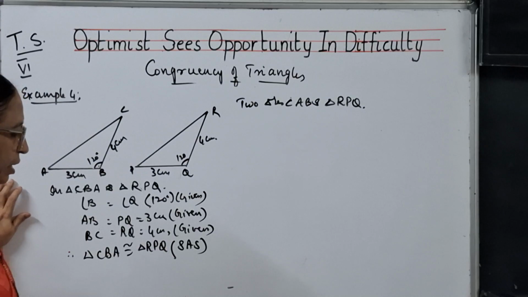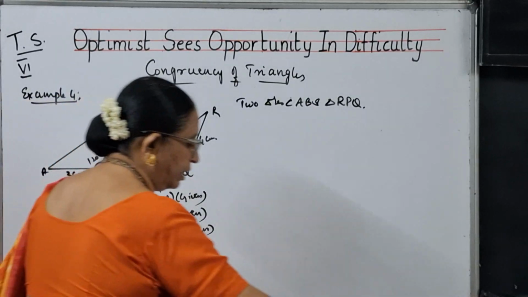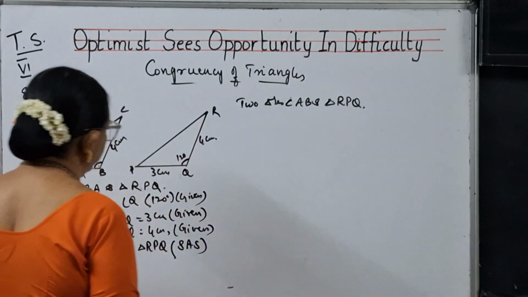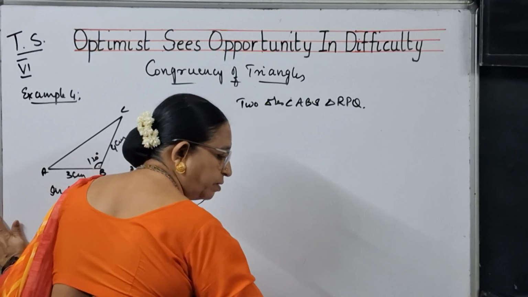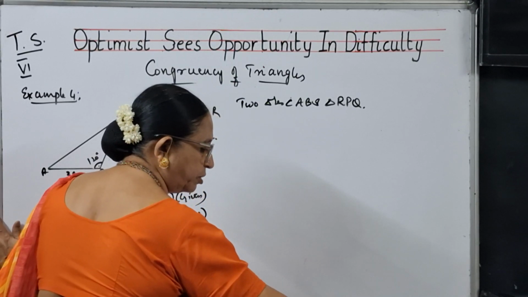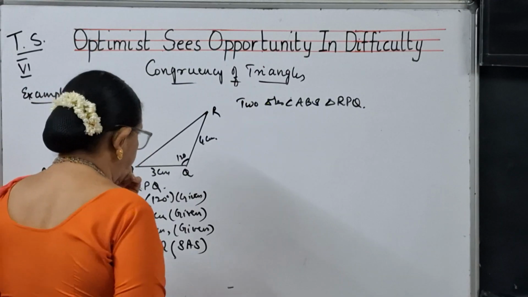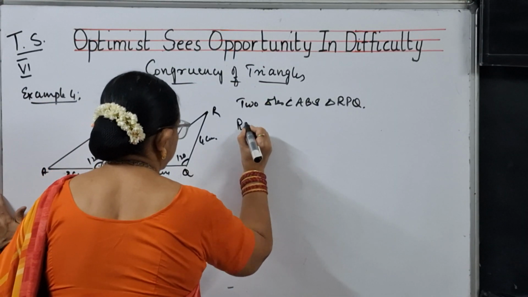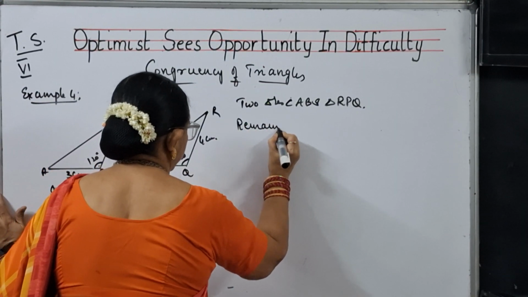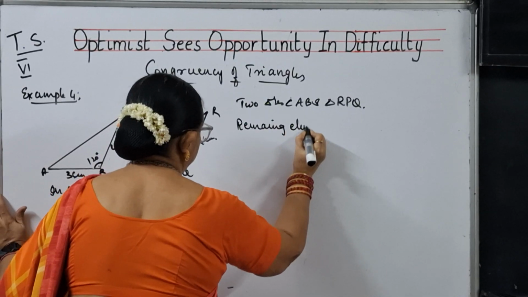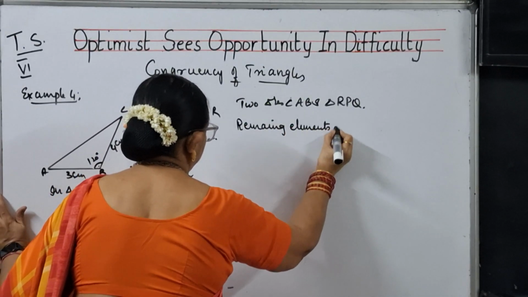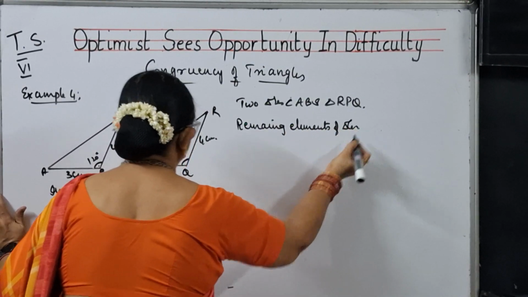Now, what are the elements that are equal? They are asking, what can you say about the measure of the remaining elements of the triangles? What are they?